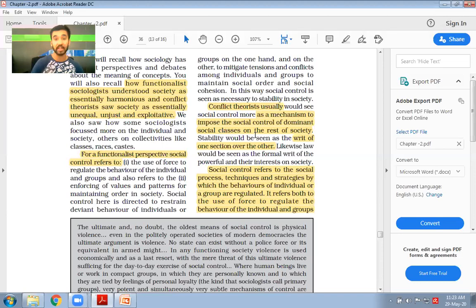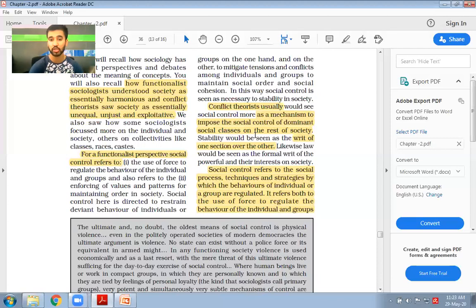They are saying that it is not good for the society. There is an inequality that is coming out in the society. Are you realizing inequality really comes out of this? Because when the dominating social group or class is telling the people who are not dominating how to do things and how not to do things, somewhere it is giving rise to inequality, it is giving rise to an exploitative nature. So that's what conflict theory says.